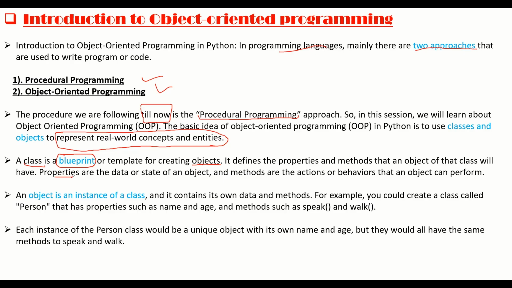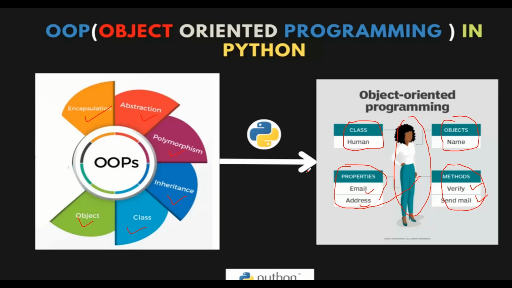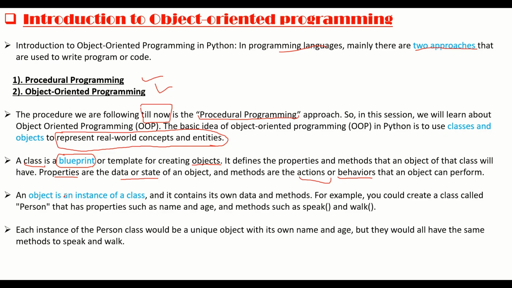Properties are the data or state of an object, and methods are the actions and behaviors that an object can perform, similar to this human. Its methods are that it can verify and it can send mails. This human is a class, its properties are email and address, and the name is its object.